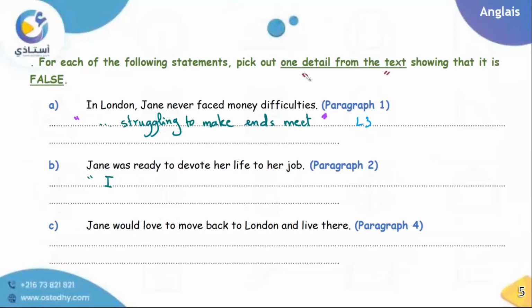Don't forget quotation marks if they ask you to bring a detail from the text. So she said, I enjoyed my work, but I didn't want to die for it. I'm not ready to sacrifice my life for my job.